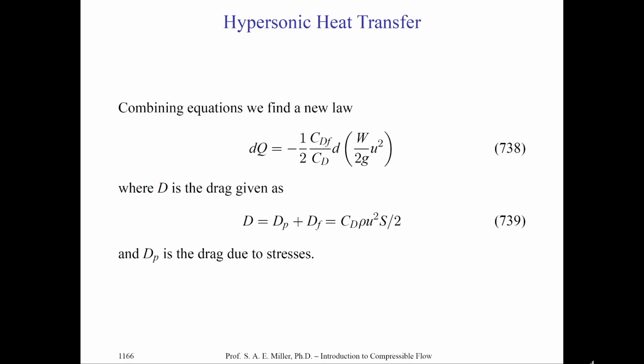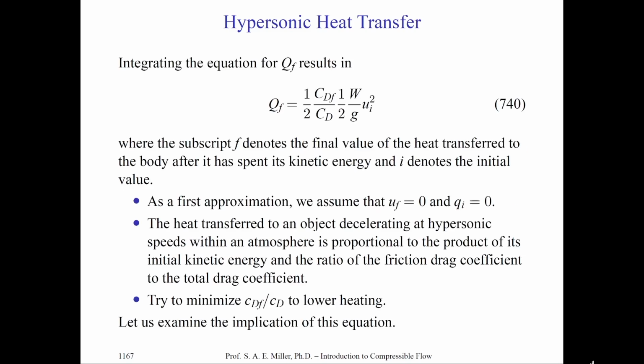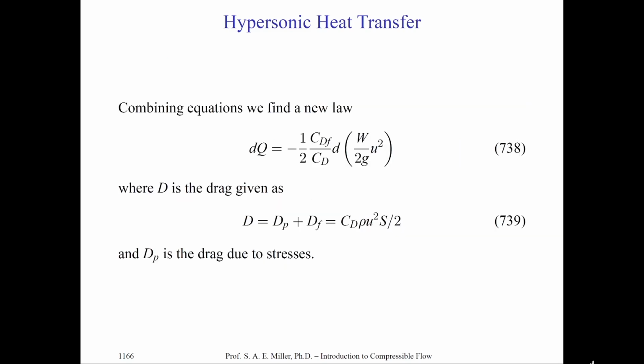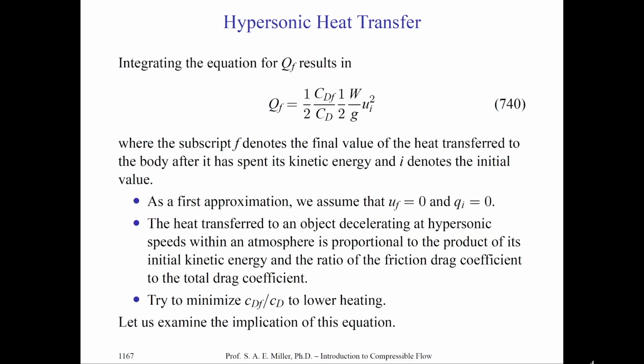It's just an approximation. We'll say there's a drag due to the stresses that will go as the coefficient of drag times rho U squared times S over 2, where S is like some cross-sectional area. We can now integrate this equation for q sub f in, of course, 738 with this approximation of drag, and we'll find 740.